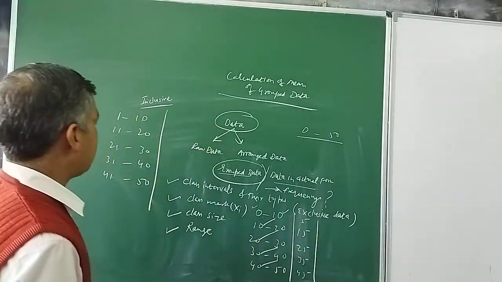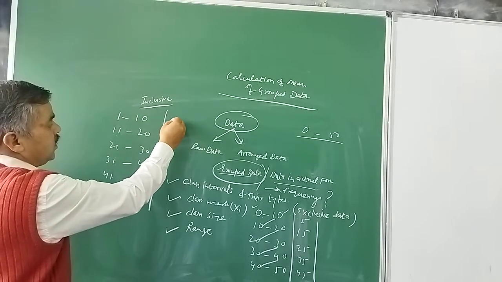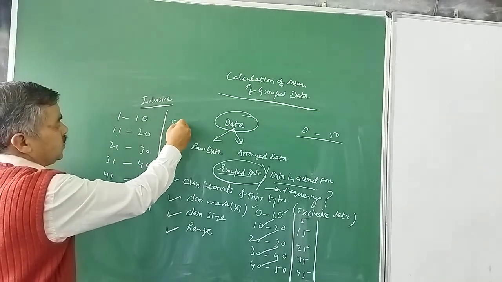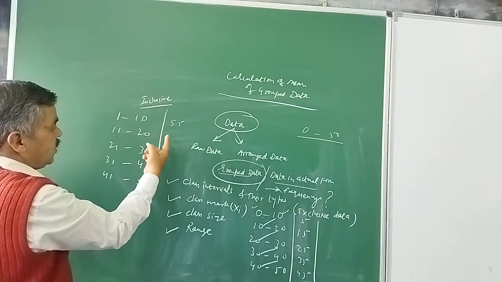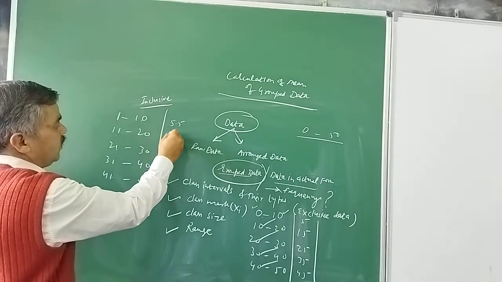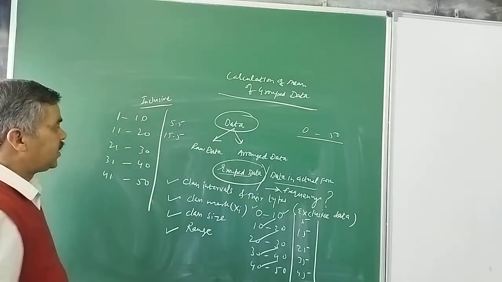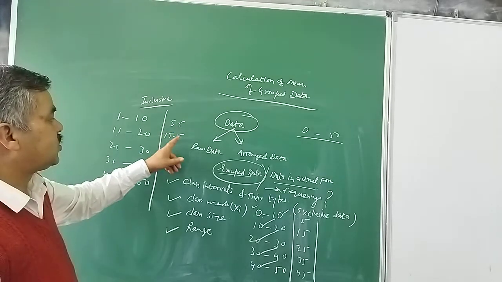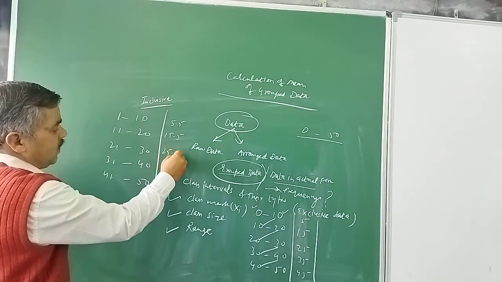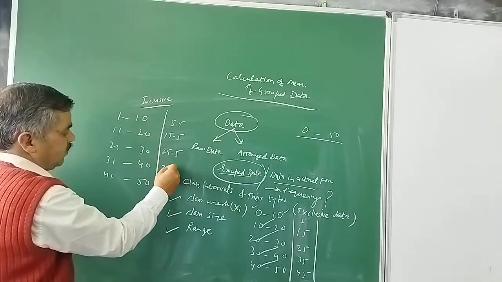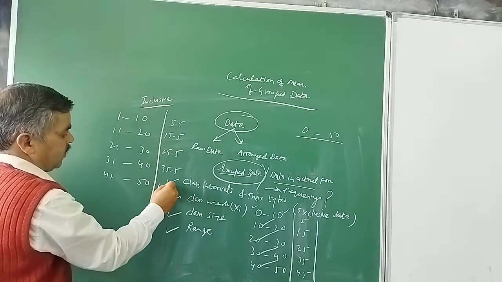So let us see what happens here. 1 plus 10 is 11, divided by 2 is 5.5. 31 divided by 2 is 15.5. Again you see the difference between the two is 10: 5.5 plus 10 is 15.5. Next, keep on adding 10: 25.5, then 35.5, and then 45.5.